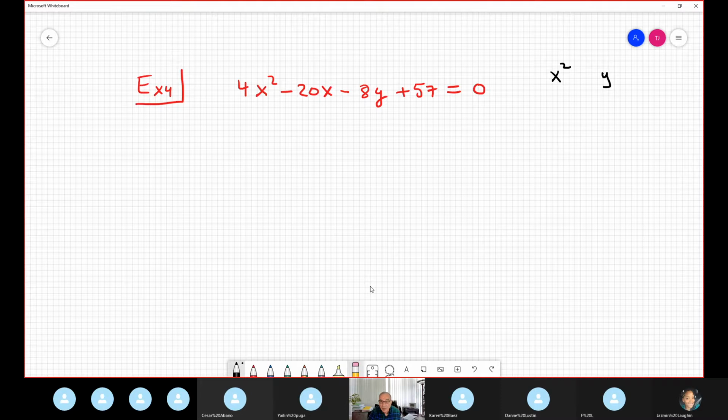What kind of parabola? Vertical parabola or horizontal parabola? Oh, it's obvious that it's vertical, because I know that when x is squared it's vertical. I don't know if it opens up or opens down. I suppose that it opens up. Well, I suppose, I am not sure. So let me try to manipulate this equation, which is given in general form.